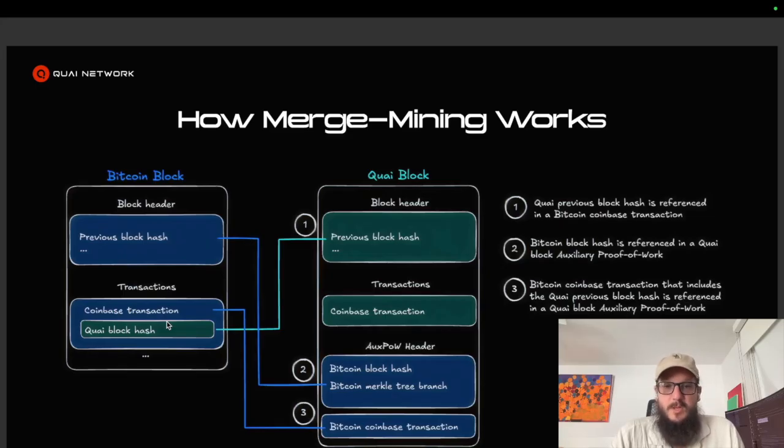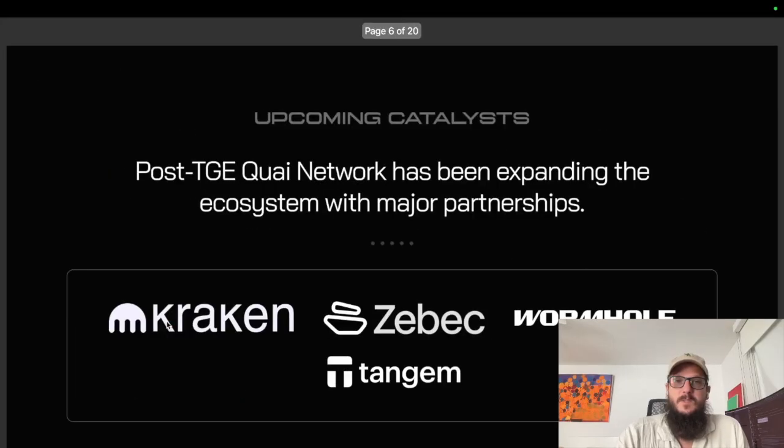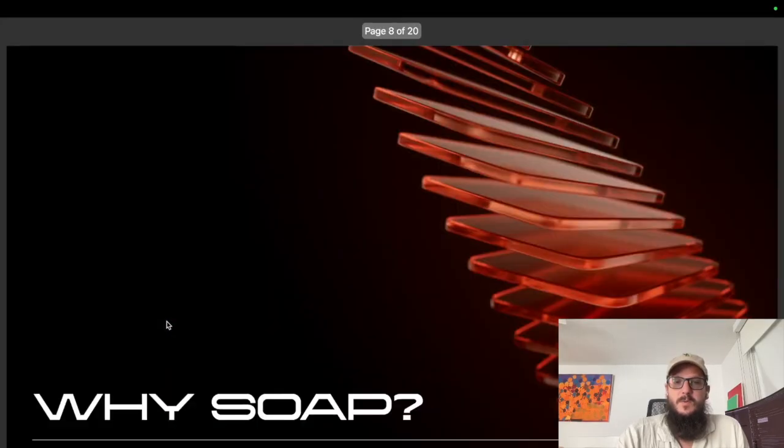To make the Quai block, you take that Bitcoin header and find that block hash commitment, and if the Bitcoin block meets the required difficulty for a Quai share, then that becomes a valid proof of work for that Quai share. So I'm going to skip this couple. That's the idea of merge mining, and then we get into the idea of SOAP.